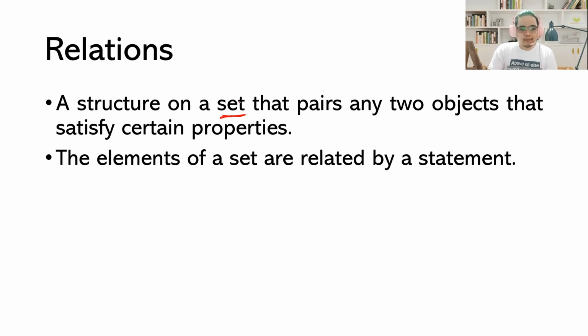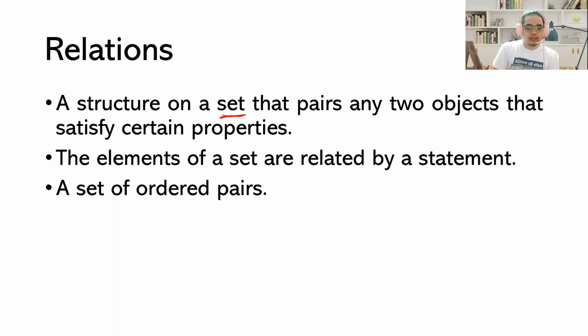Each pair in our set will have a relationship. That's why it is also called a set of ordered pairs. It is ordered in such a way that the first element of one pair is related to the second element.